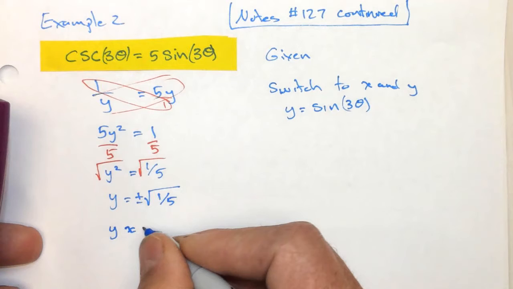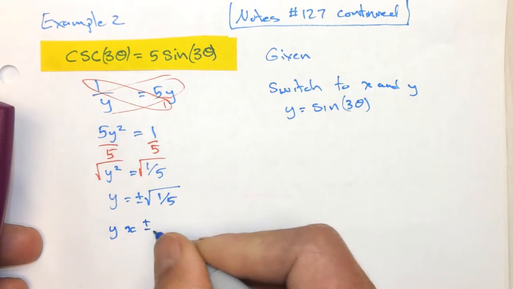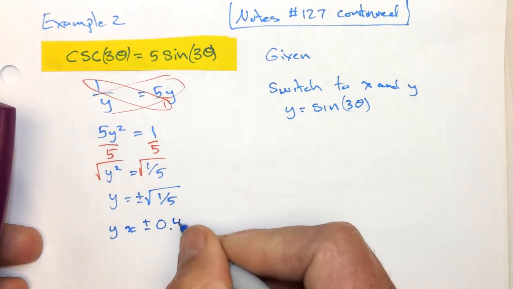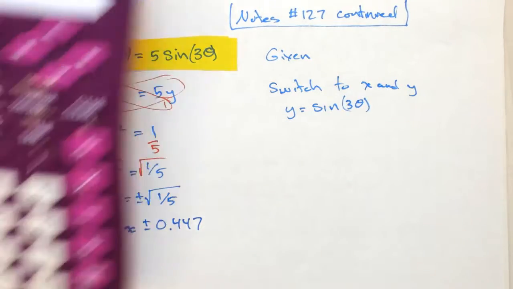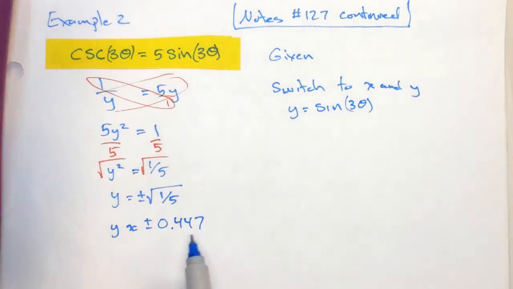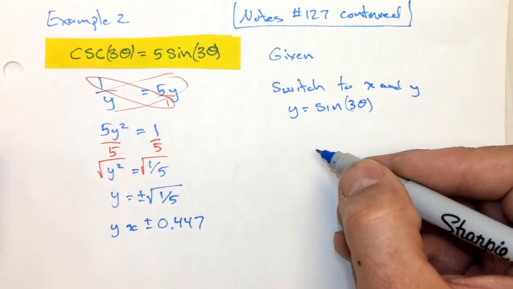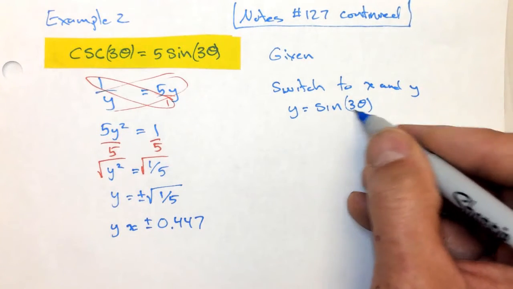Let me just keep 3 significant digits. Good practice. Plus or minus 0.447. My final answer is going to be 2 significant digits. But I have to remember now that that's going to help me find 3 theta.